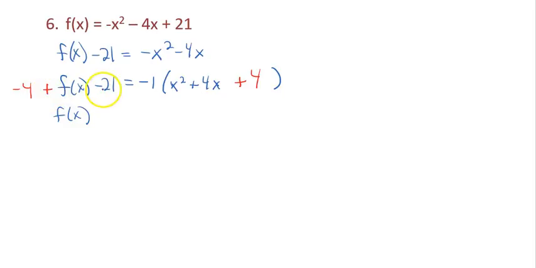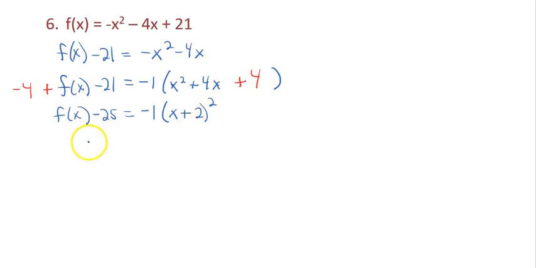Okay, on that side I have -4 and -21, which will be -25. On this other side, I'm going to have my -1. I'm going to go ahead and factor that. I'm going to do that skipping down to x. The first sign is a plus, and then half of 4 is 2 squared. So instead of writing it twice, I'm going to write it squared.